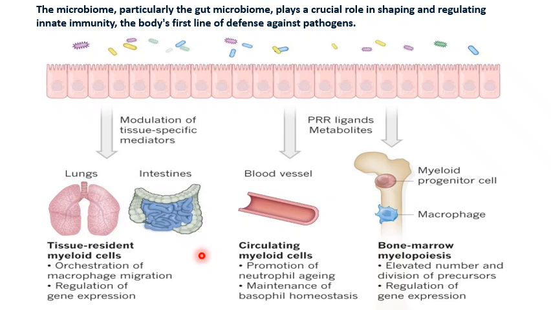The microbiome, particularly the gut microbiome, plays a crucial role in shaping and regulating innate immunity, the body's first line of defense against pathogens. This interaction is bidirectional, with the microbiome influencing the development and function of innate immune cells, and conversely, the immune system impacting the composition and activity of the microbiome.